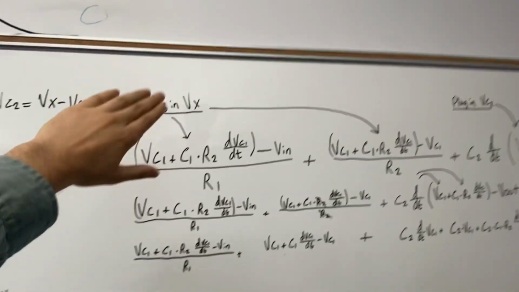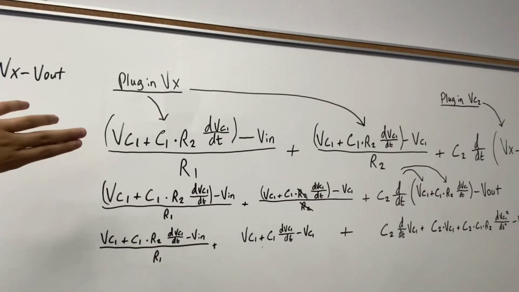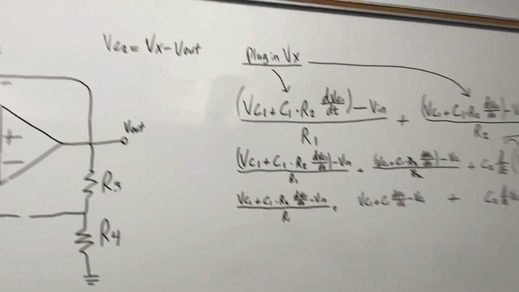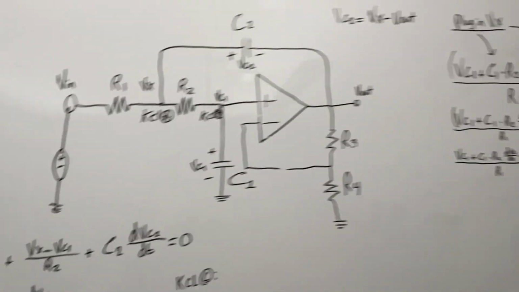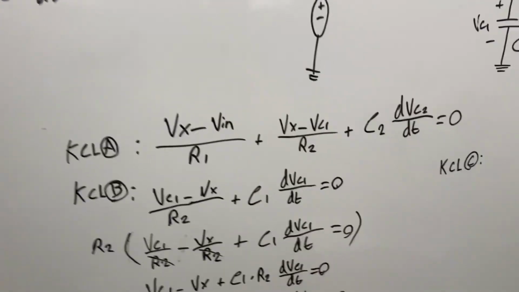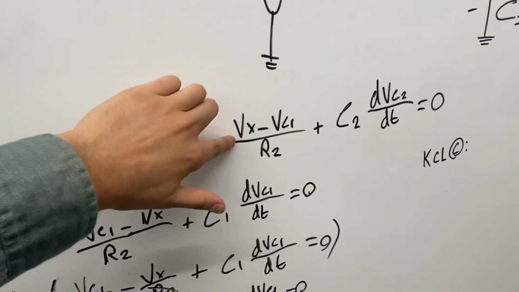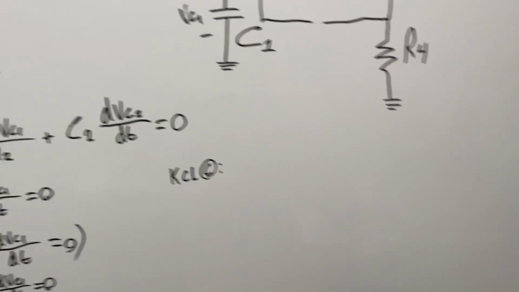Focus on the top section. We basically go and plug in Vx into KCL A over here. We plug in Vx right here and right here. And then we plug in Vc2, which we have up here, into the end.